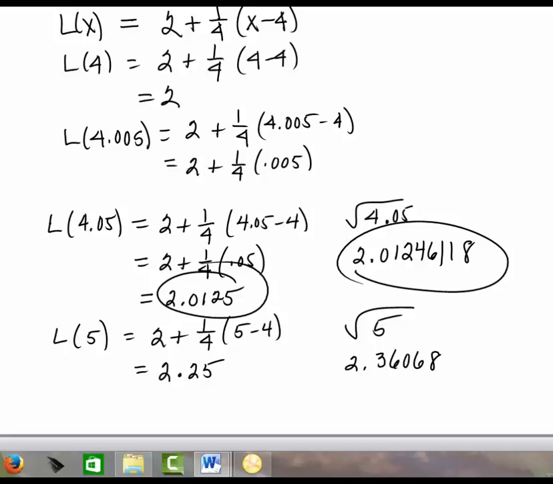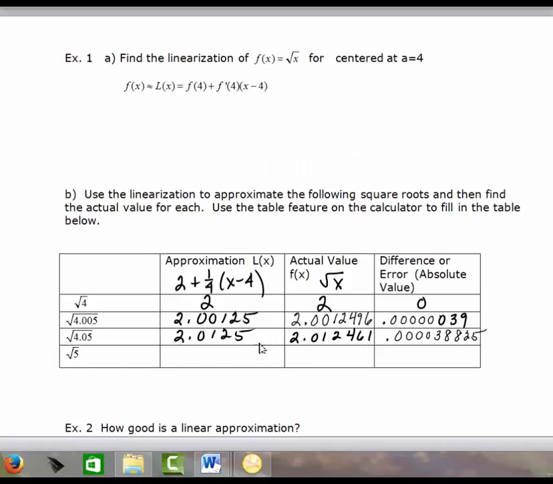That's as many decimal places as my calculator would hold. So again, the difference between the actual value of the square root and the approximation is still pretty close. We're accurate out to 3 decimal places, and on the 4th we're only off by 1/10,000th.